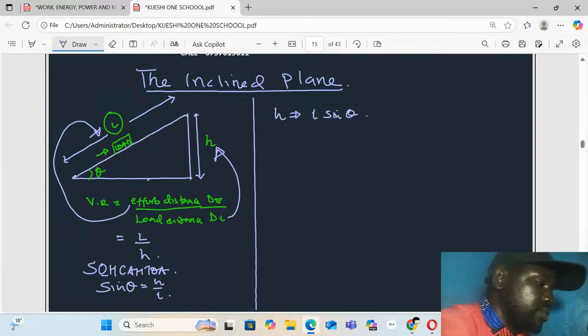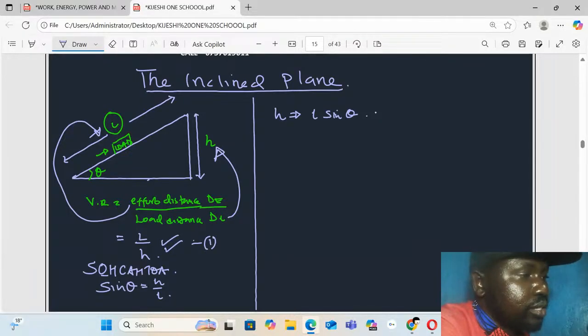But look at the first equation. So this was our first equation, and now we call this one our second equation.